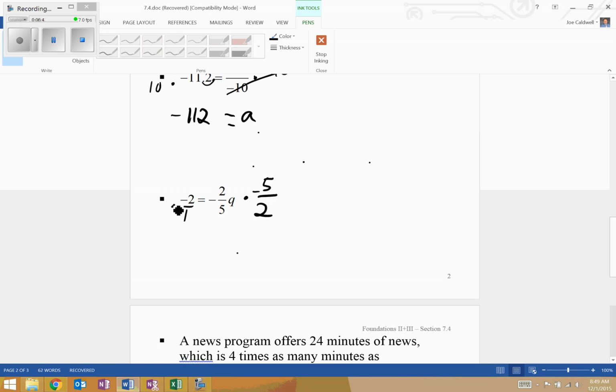So whatever you do to one side, do to the other, and those are going to cross out, and all you're left with is 5/1, or 5. On this side, we're just left with q, because those cancel out, and I'm just left with 5 for q. It looks like a 9, doesn't it? Q. Okay?